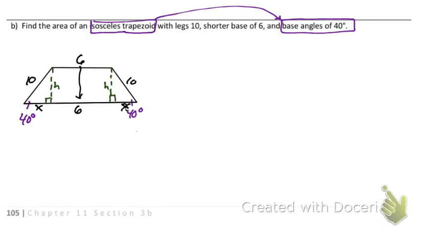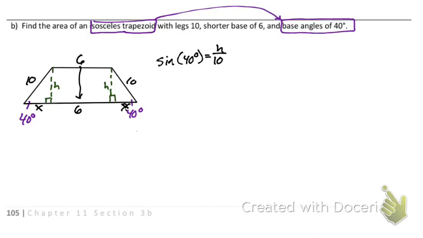Sine. It's going to be sine. Remember, it's SOHCAHTOA. Sine is opposite over hypotenuse. So let's look at 40 degrees. My opposite's h. My hypotenuse is 10. So the sine of 40 degrees is going to equal opposite, which is h, over hypotenuse.